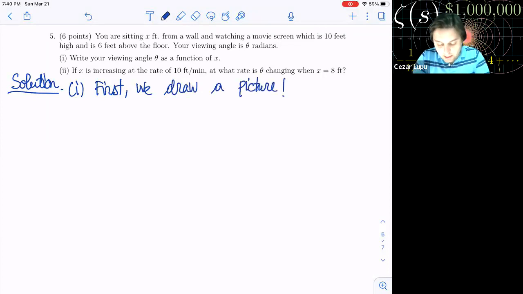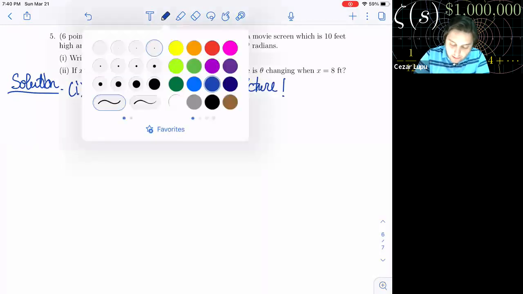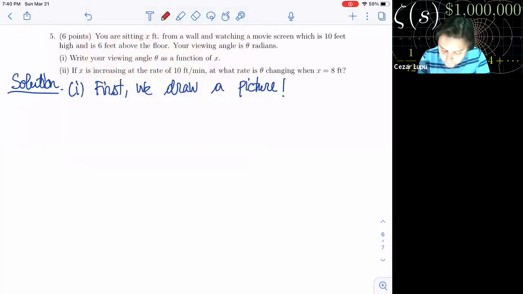So you are sitting at X feet from a wall and watching a movie screen which is 10 feet high and is 6 feet above the floor.